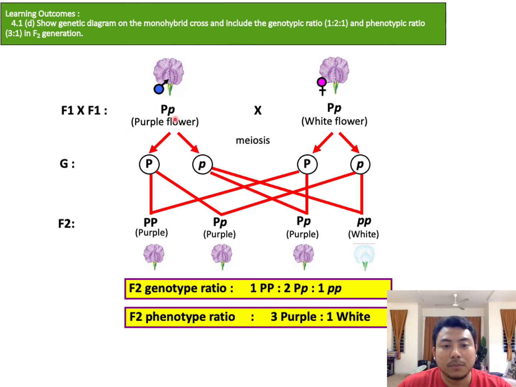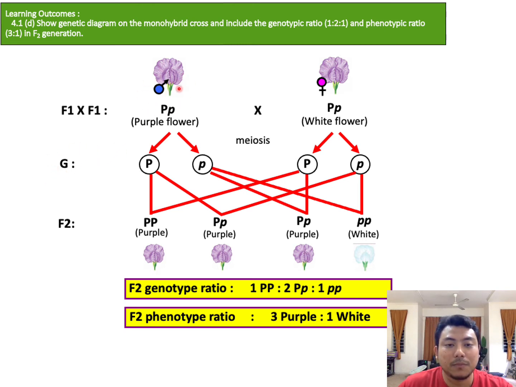So we have purple color crossed with purple. It's a typo here, it's actually also purple color but heterozygous. Both are heterozygous. Pardon this typo, it should be purple color. So what is the possible gamete for this plant?